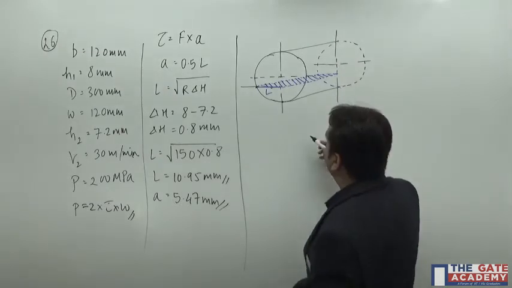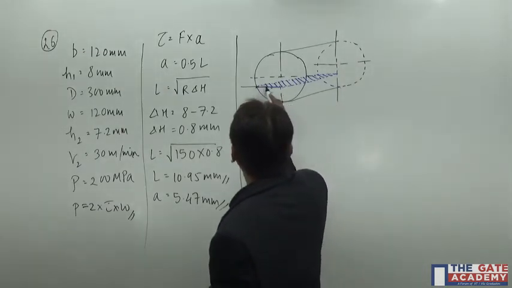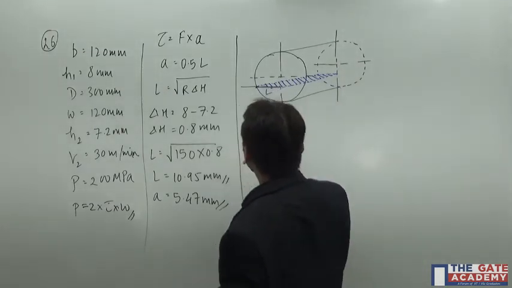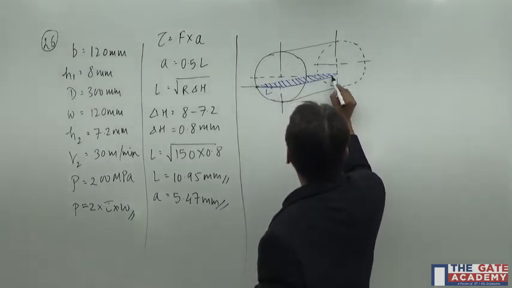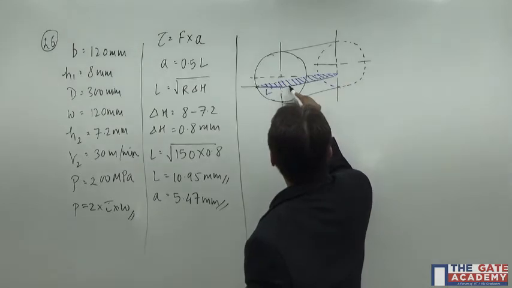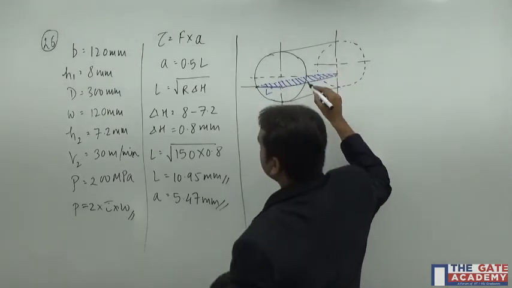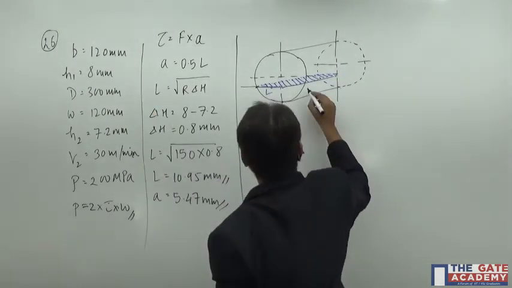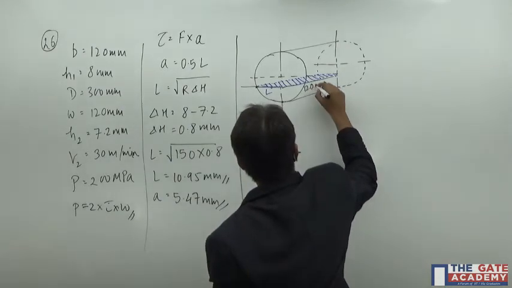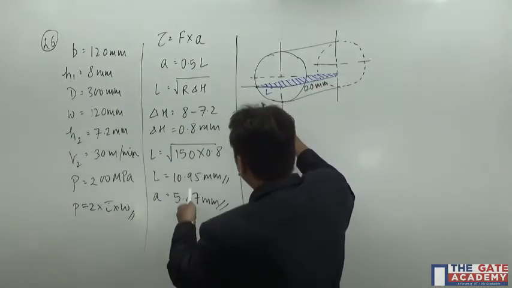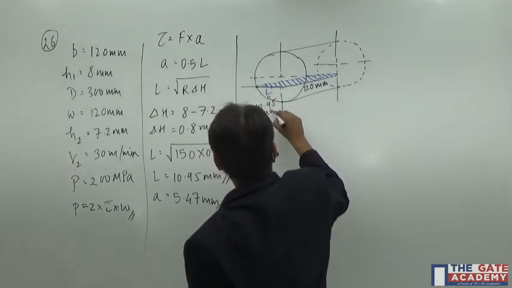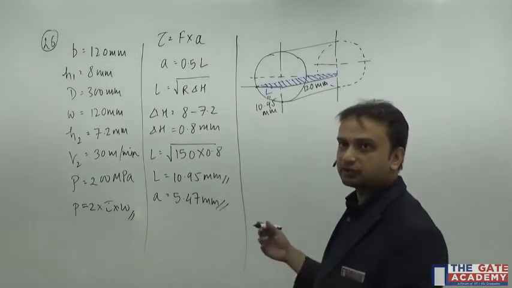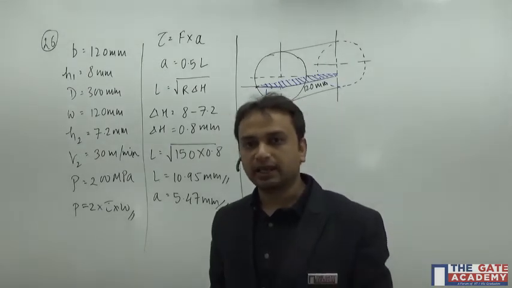Right? So this is your length of deformation zone, and this line is nothing but the width actually. This is the width, right? So width of the roller is given to you, which is 120 mm. And L has been found out as 10.95 mm. Now what is the area? Now this is known as the projected area, right?